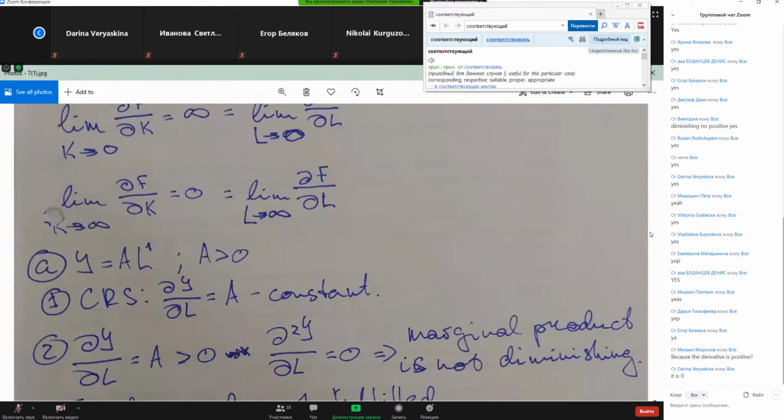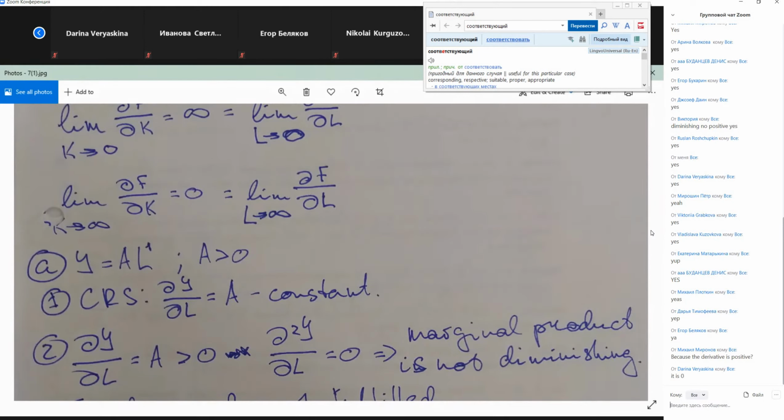And this alone kind of violates this requirement of the neoclassical function. So we say, all right, not neoclassical.